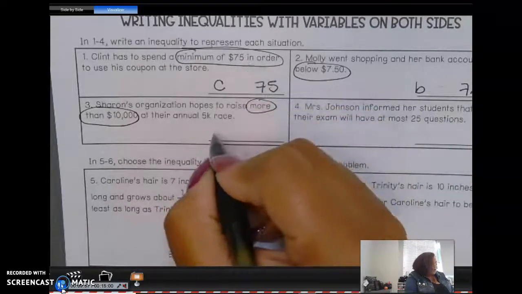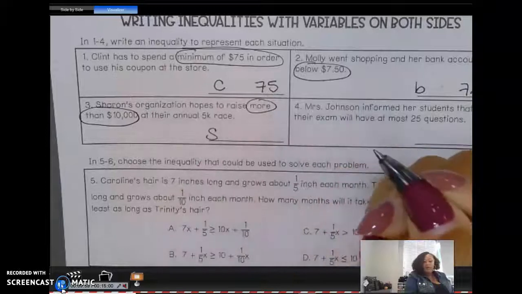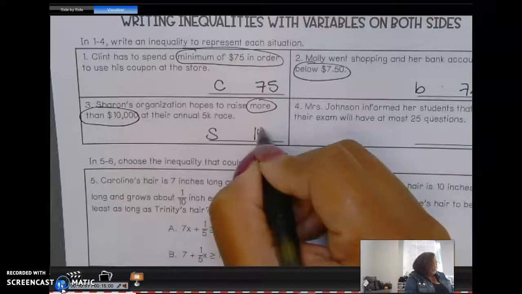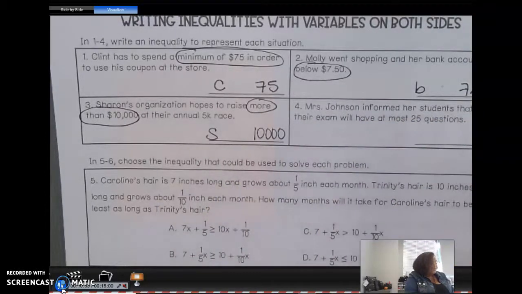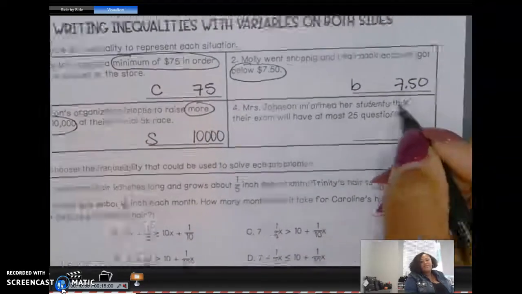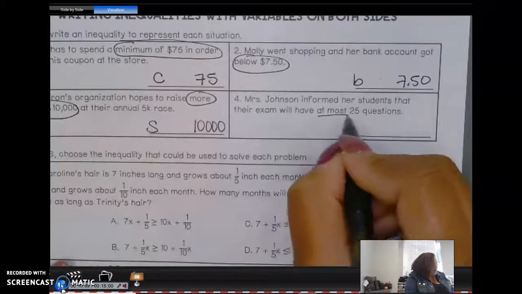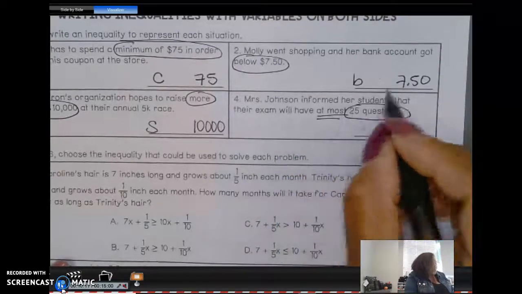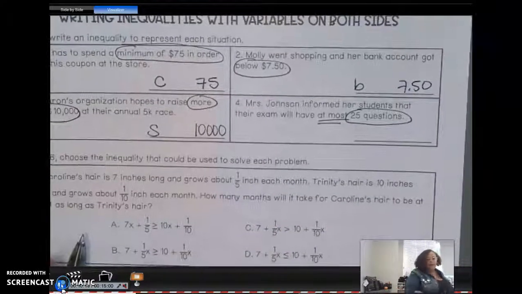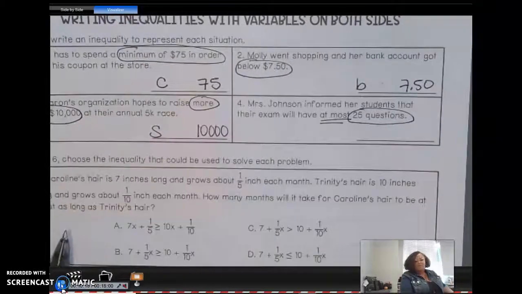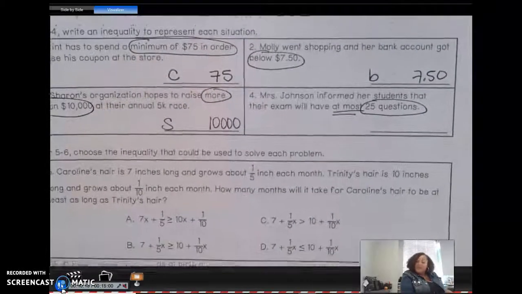I want her organization to be something than 10,000. Mrs. Johnson informed her students that their exam will have at most, that means it probably won't go over 25 questions. At most, maybe a little bit under. Might be exactly 25.